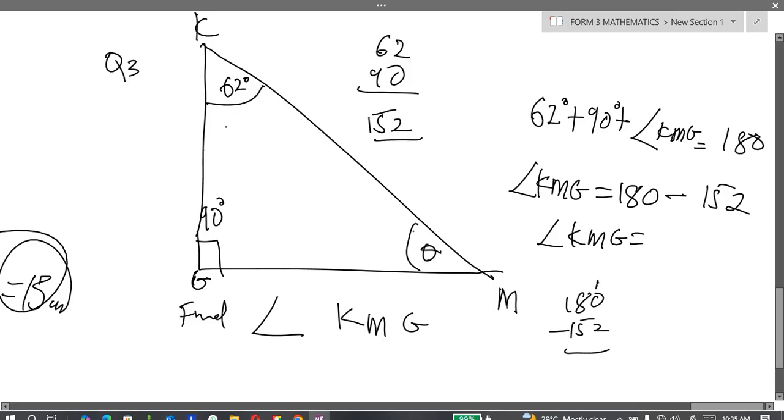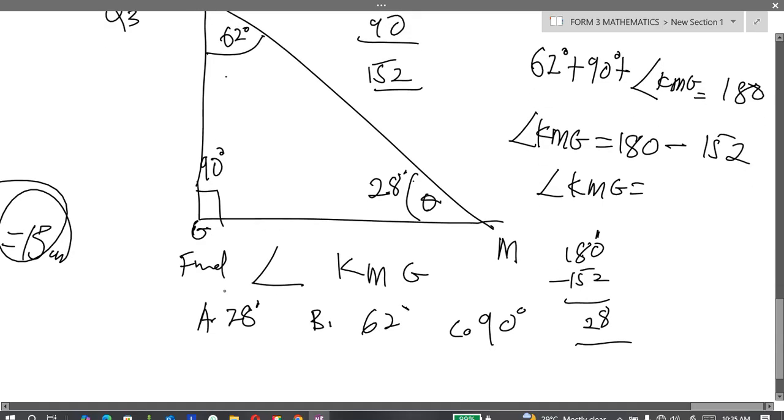We borrow 1 from here, 10 minus 2 gives 8, now we have 7 here, this will be 2, this will be 0. So 28 degrees. The options we had were A, 28 degrees, B, 62 degrees, C, 90 degrees, D, 118 degrees. So the answer is obviously A, 28 degrees.